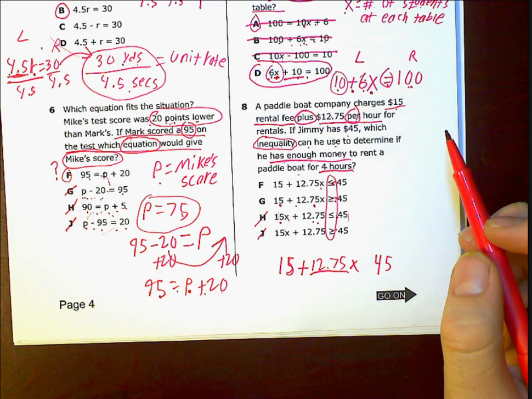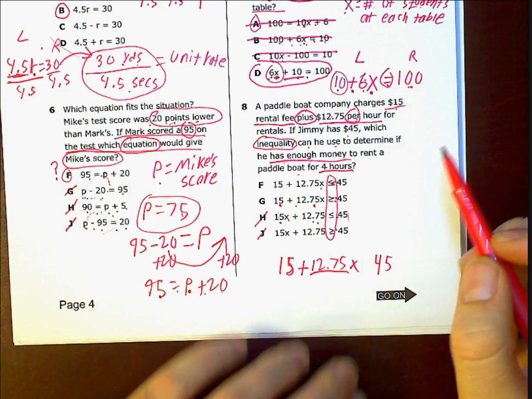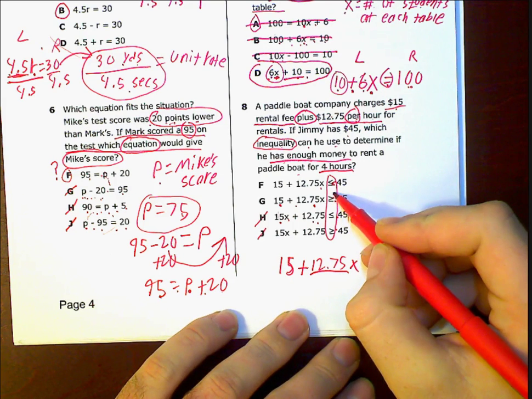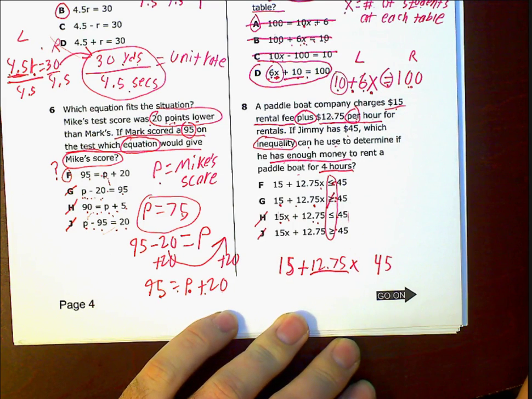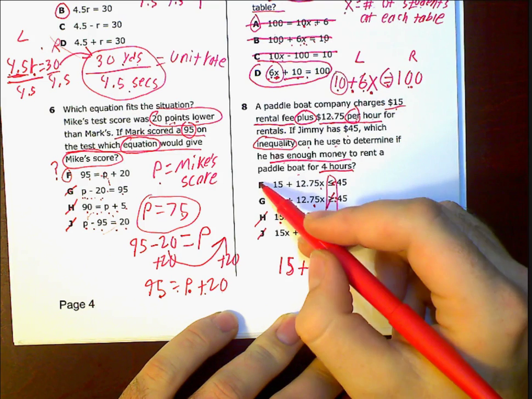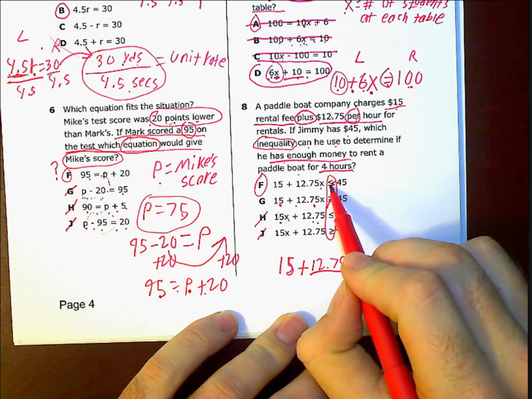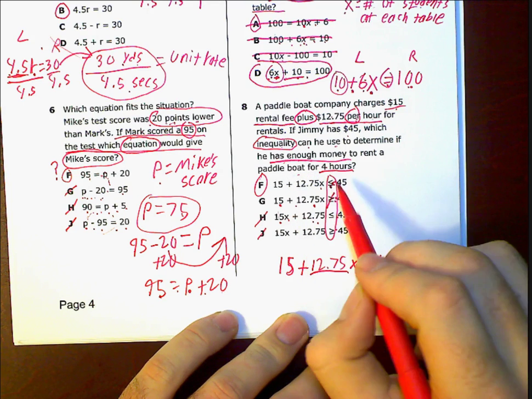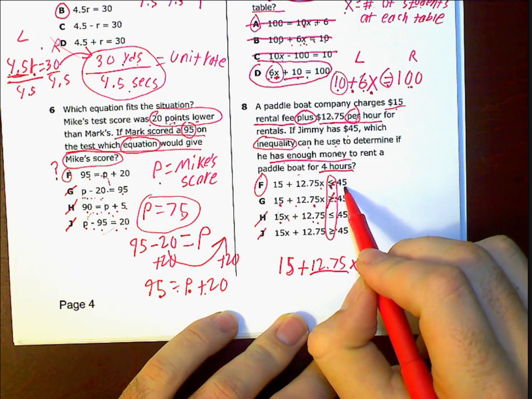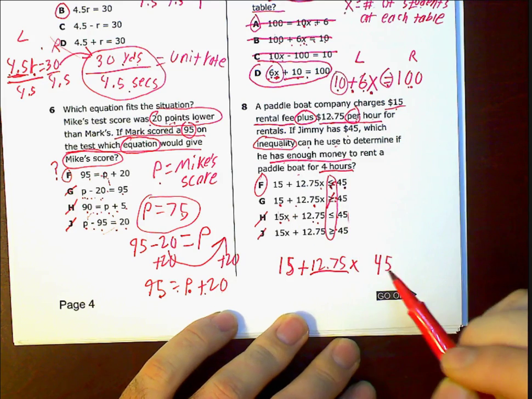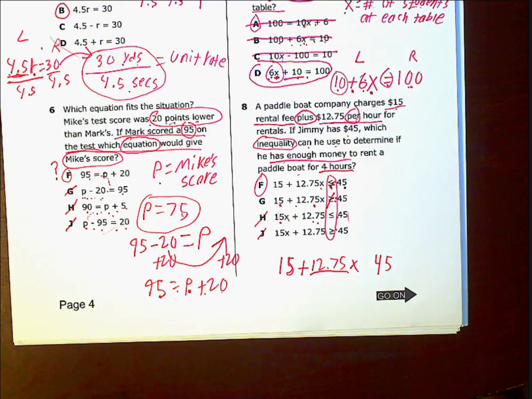If it is over the amount of money he has, then he cannot ride the paddle boat. So we can go ahead and eliminate greater than or equal to. The only one that's left that makes any sense is F, less than or equal to. So the total cost of the ride has to be equal to or less than the amount of money that Jimmy has. And that's your answer.